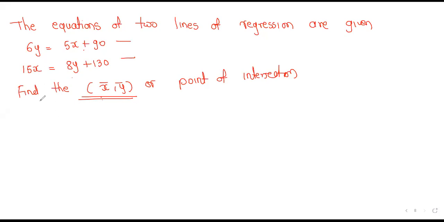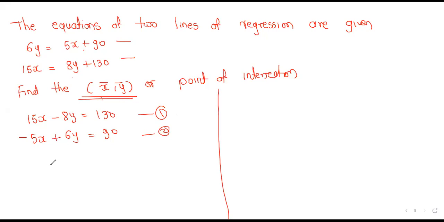So we can write this equation as 15x minus 8y is equal to 130 and this as minus 5x plus 6y is equal to 90. Now multiply equation 2 by 3.